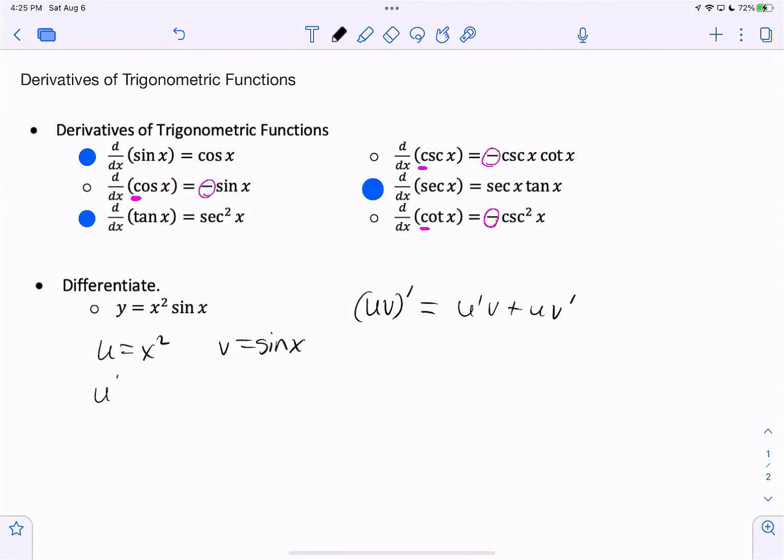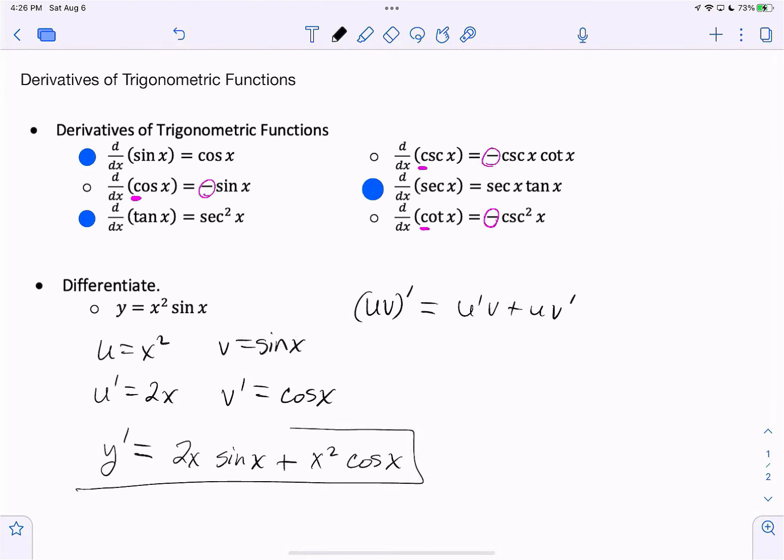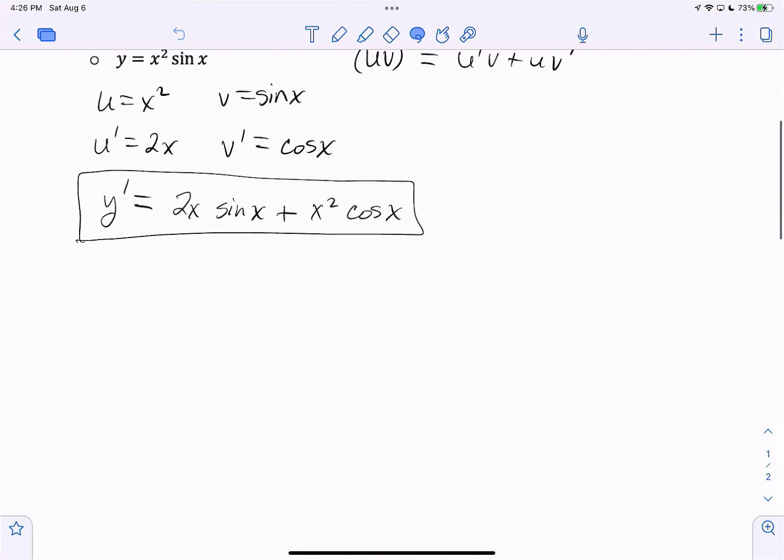Therefore, u prime is equal to 2x, v prime is equal to the cosine of x, and y prime, being u prime v plus uv prime, is going to be 2x times the sine of x plus x squared times the cosine of x. And that's it. This can't be simplified any further. We could factor out an x if we wanted, but there's nothing to be gained by doing that right now, so we're not going to.